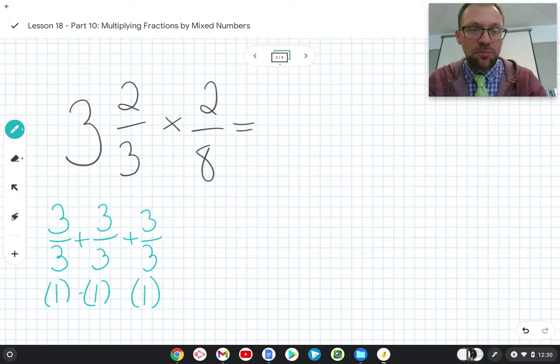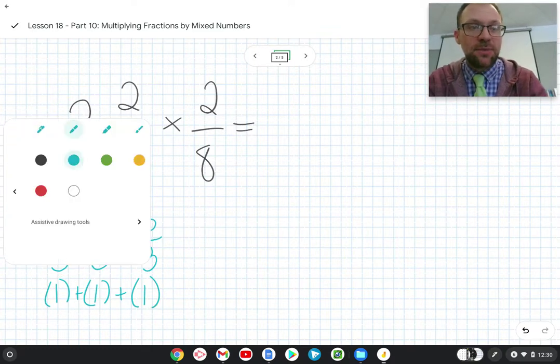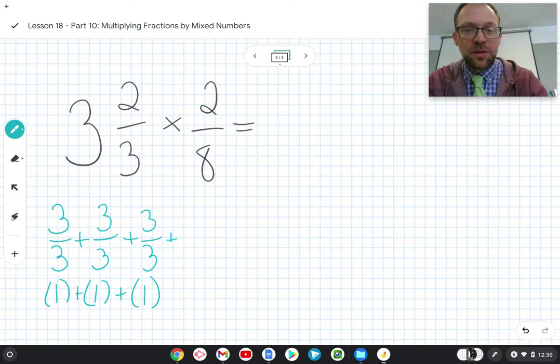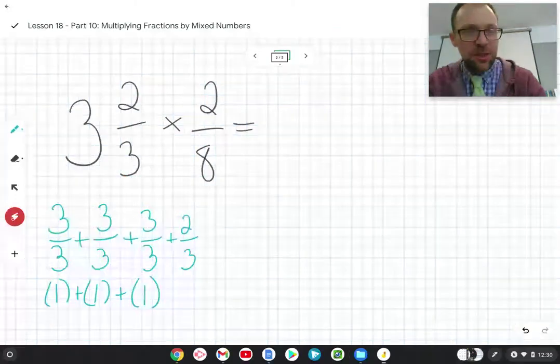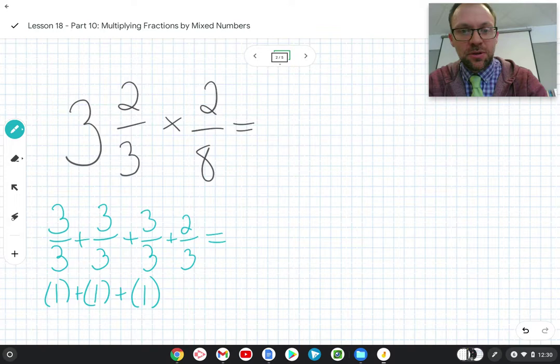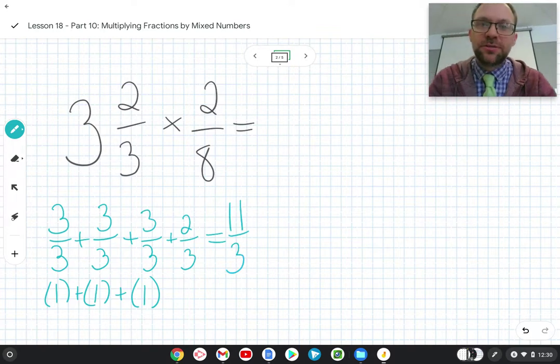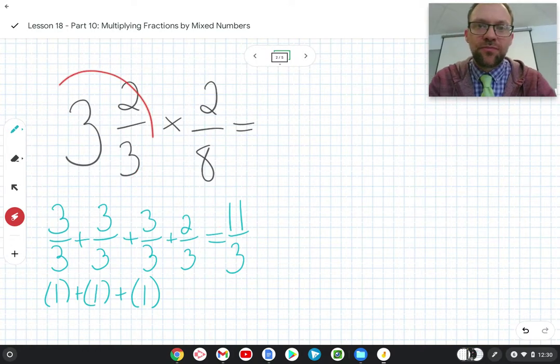So we have 1 plus 1 plus 1. That 3 is this 3 here. And all we have to do then is add on the 2/3 that we have left over, that 2/3 right there. And you can see that 3 plus 3 plus 3 plus 2 equals 11 thirds. So 11 thirds is equivalent to 3 2/3.